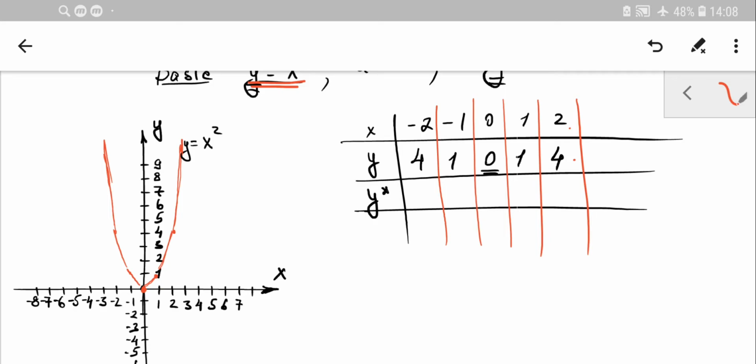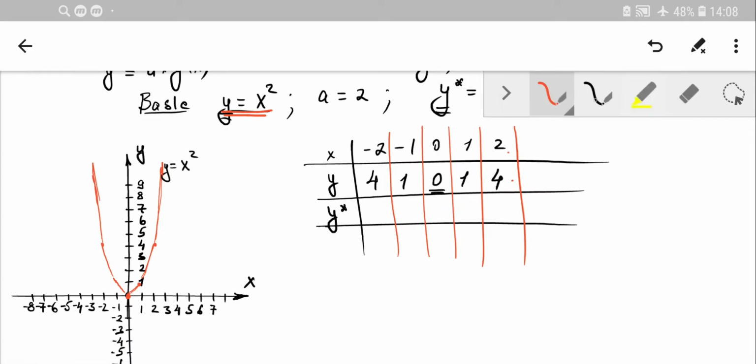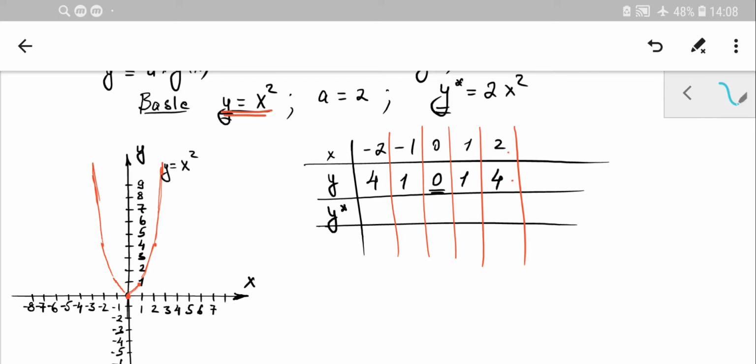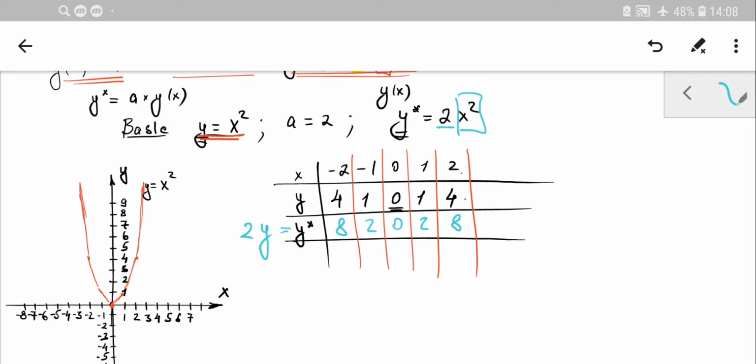Okay, we're done with the basic parabola y = x squared, and now we choose another color and calculate the values for y star. They are simply double the basic function x squared, so we take the y values and multiply by 2. We'll get 8, 2 times 1 is 2, 0 stays 0, and again 2, 8, we just repeat the values.